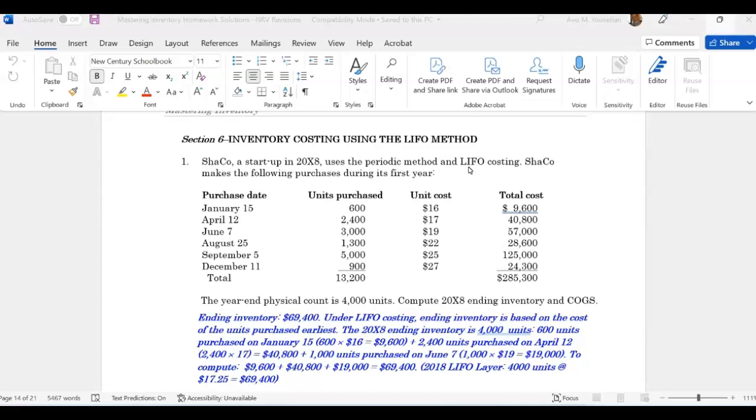Also, LIFO is not accepted by International Financial Reporting Standards, IFRS. International Accounting Standards doesn't accept LIFO as an option. So if we see LIFO, that means it's only accepted under US GAAP.